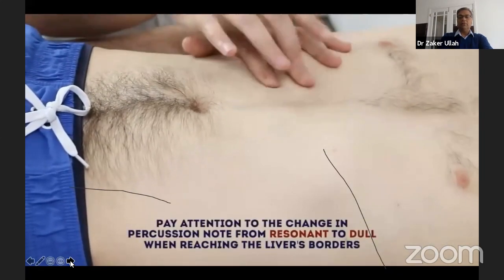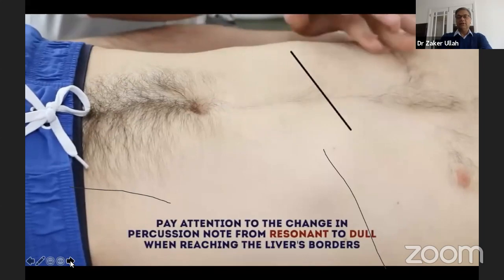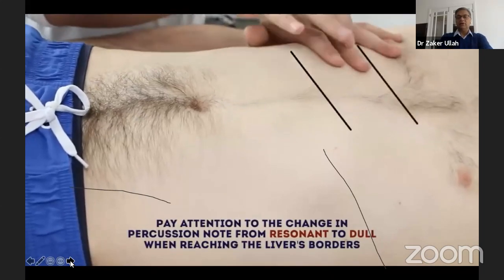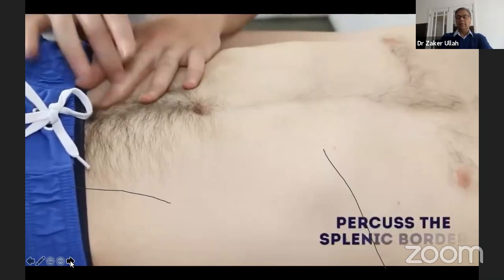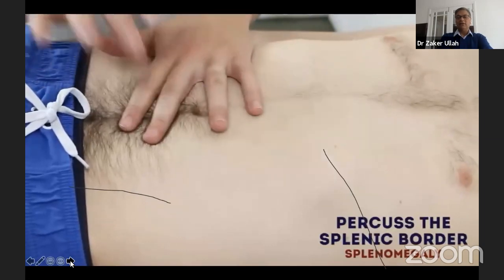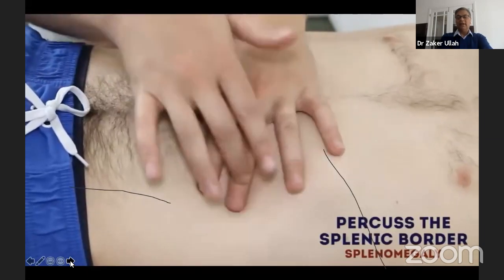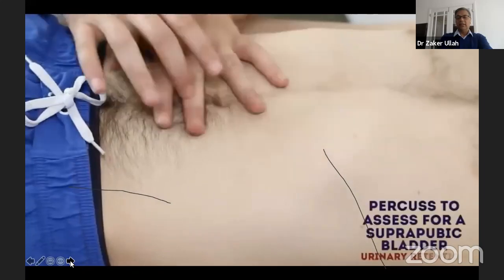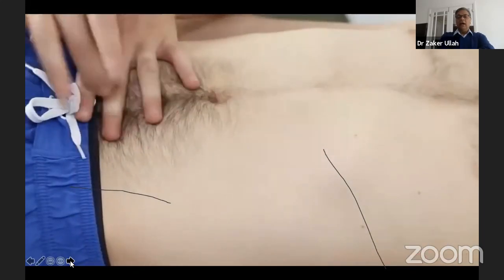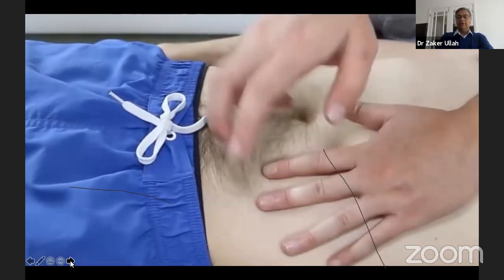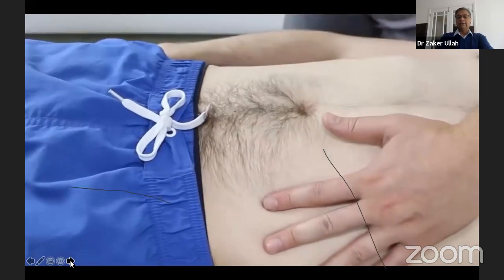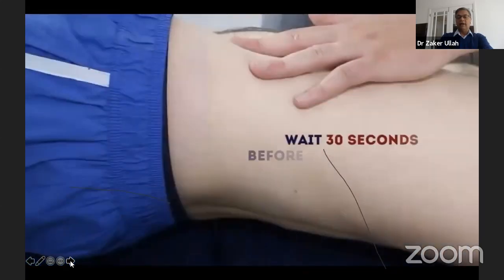Then percussion. So first inspection, then palpation, then percussion, percussing the liver dullness, and also finding out the splenic enlargement by percussion method. Urinary bladder, also you can percuss to see if somebody has come up with a distended bladder. You'll find this is shifting dullness.